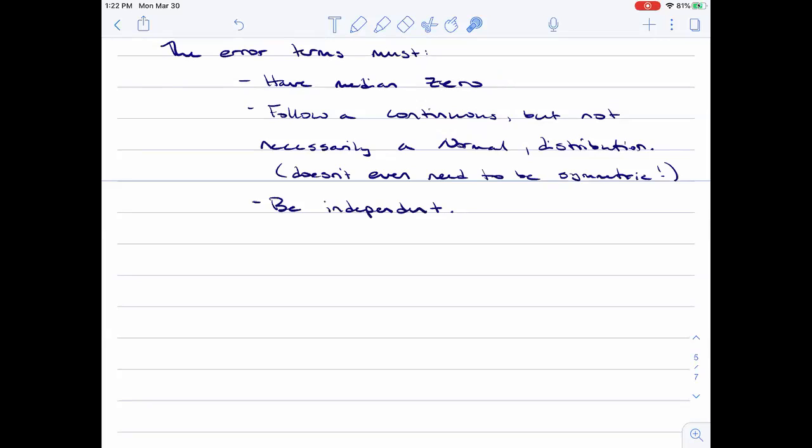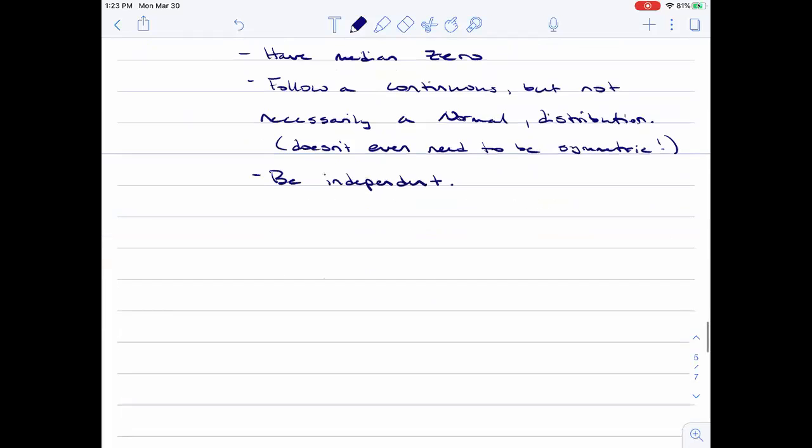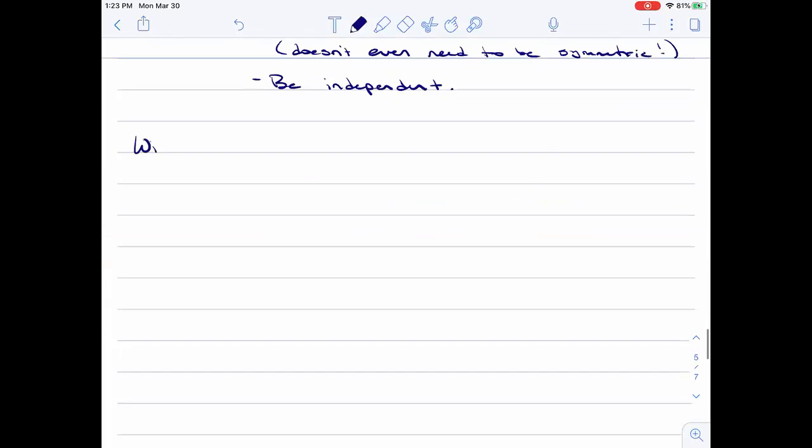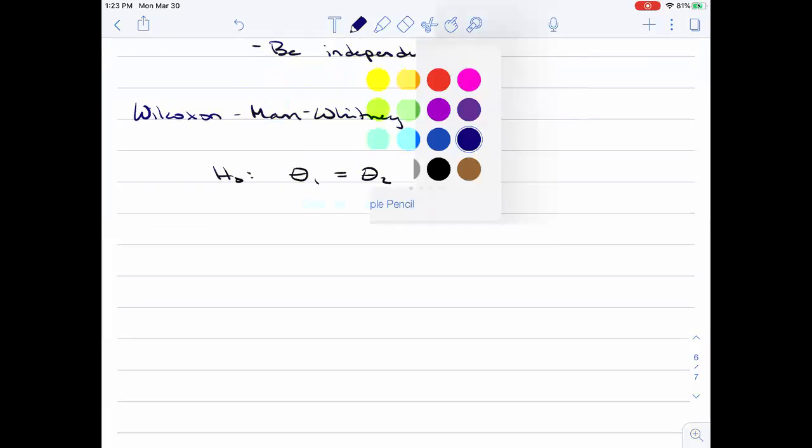They don't have to be symmetric even, and so they don't have to be normal. And so the Wilcoxon Mann-Whitney test has a null hypothesis that theta 1 equals theta 2, that is, the medians are equal.